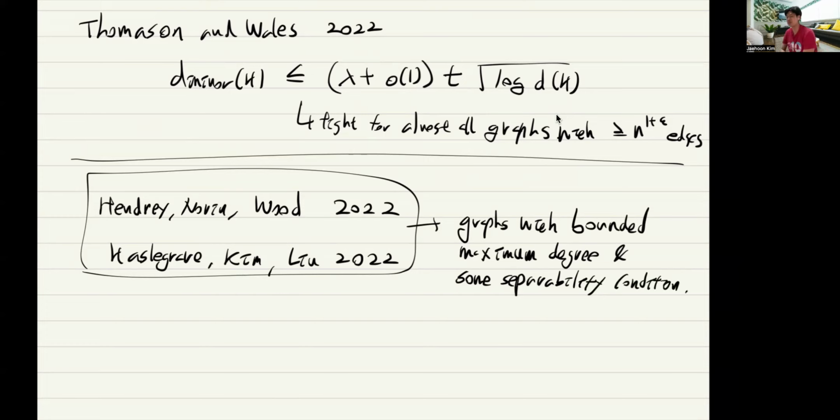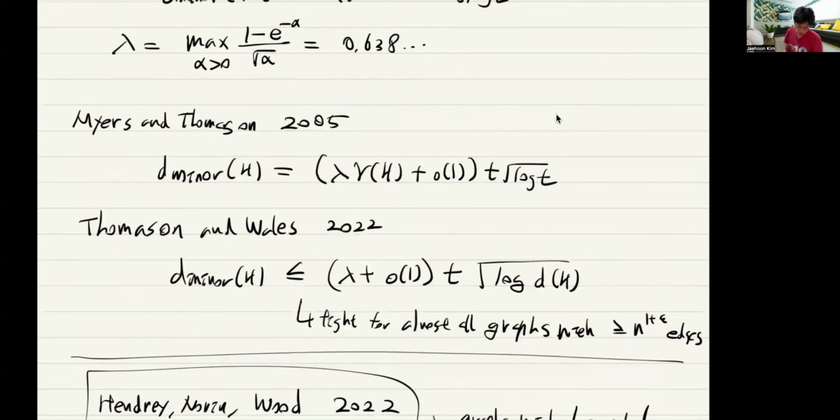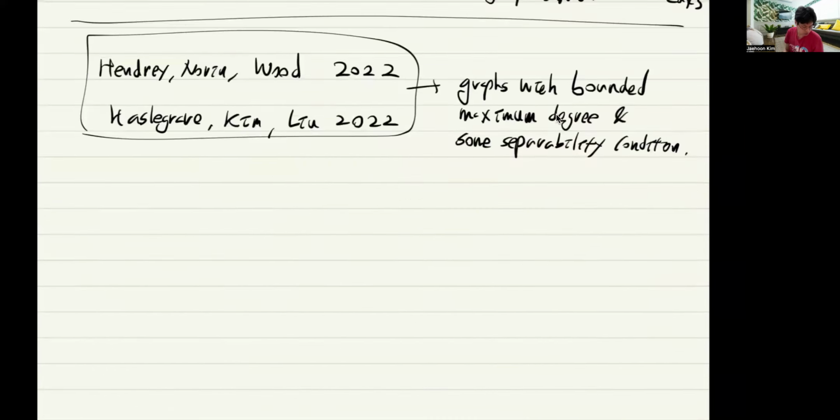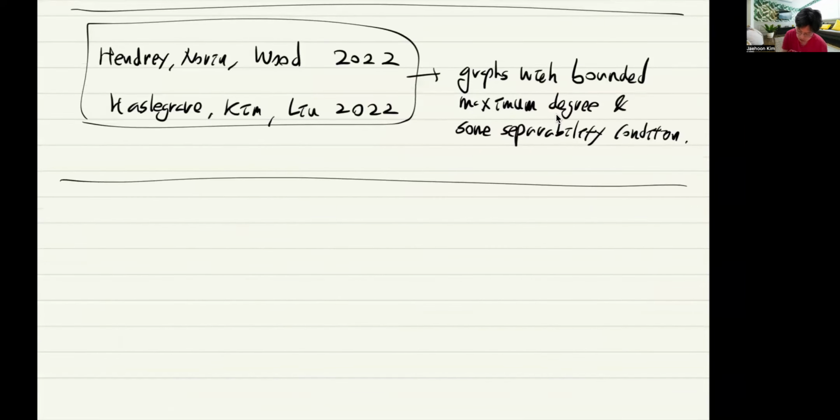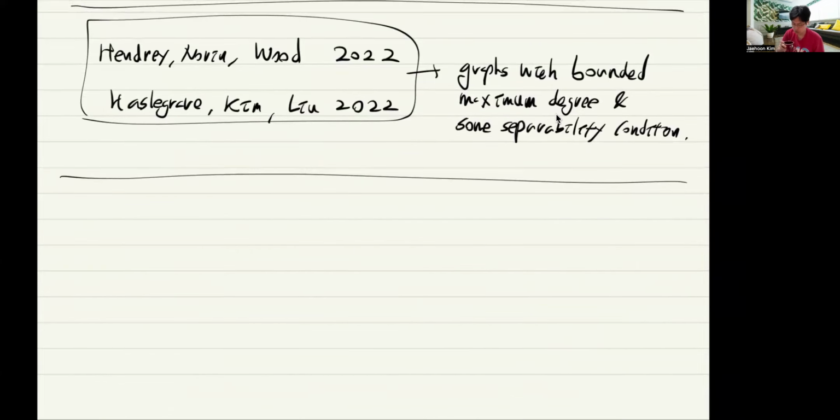The separability condition basically means that your graph does not have so high connectivity in some sense. But anyway, lots of research has been done for finding a minor of a certain graph H.